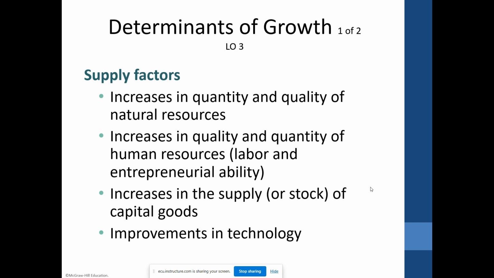Several of the determinants of growth relate to the physical ability of the economy to expand. Any increases or improvements in these supply factors will increase the potential size of an economy's GDP.